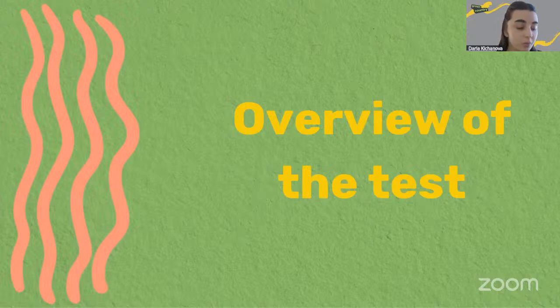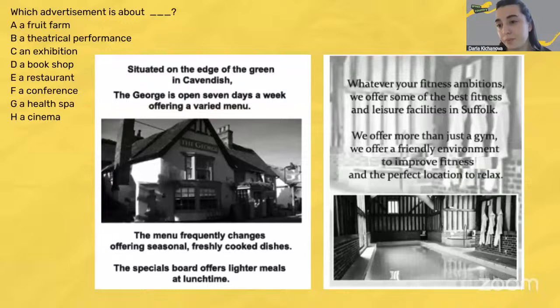So now we will also take a look at the test and the part with reading. So we have got with you 2 texts, and right now I want you to answer the question, which advertisement is about.